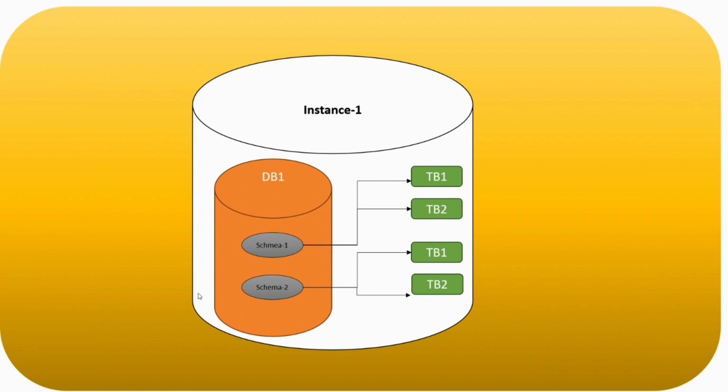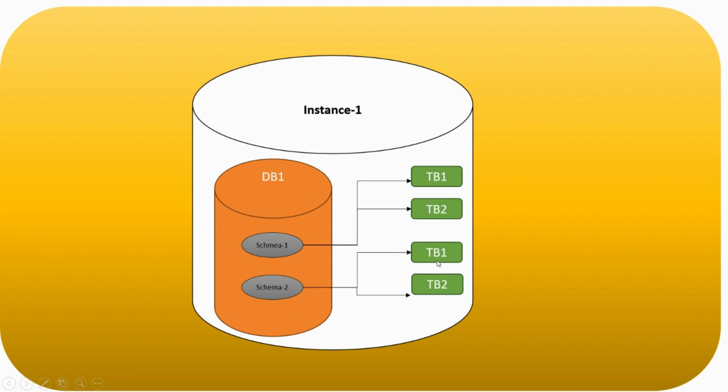This is one group and this is another group. Under one group, you may have n number of tables. Under another group, you may have n number of tables. Between these two schemas, a table name can be the same, because this table comes under this schema and this table comes under a different schema. But the schema name may not be the same. Schema name should be unique, but under a schema, table names can be anything.